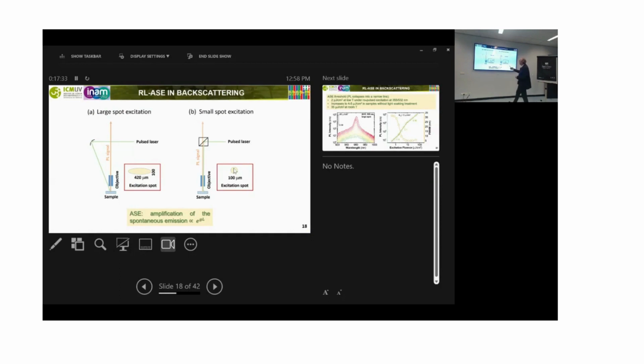Okay, in this work, we have used two kinds of incident light area.